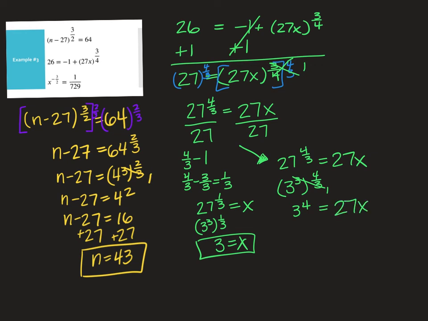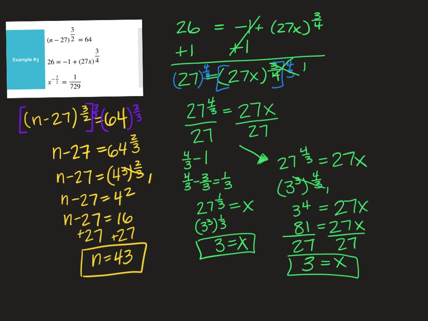Well, 3 to the 4th we know is 81, so 81 is equal to 27x. Divide both sides by 27 so that x is equal to 3. So either way it goes, two different approaches, both still get you the same answer.